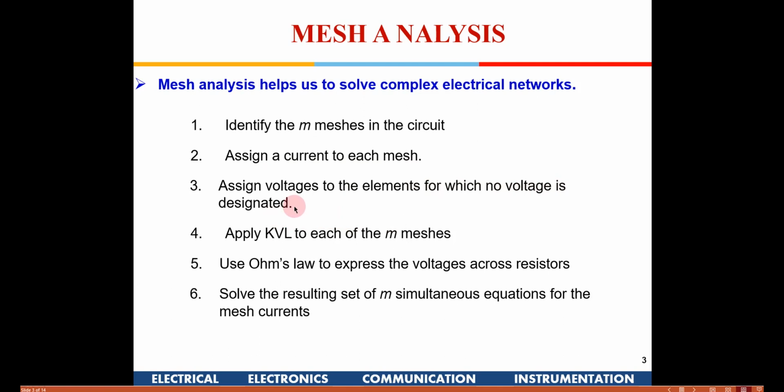If only a resistance is given, then we just assign some voltage for that and find out the voltage by solving the various equations which we get. Apply KVL to these meshes, use Ohm's law to express voltages across resistors, and solve the resulting M simultaneous equations for the mesh currents. Okay, these are the steps which have been listed out.